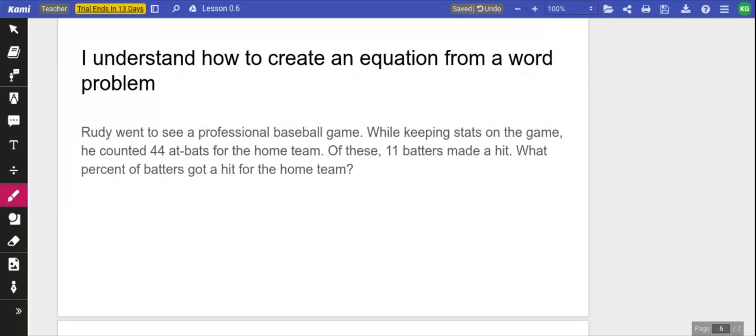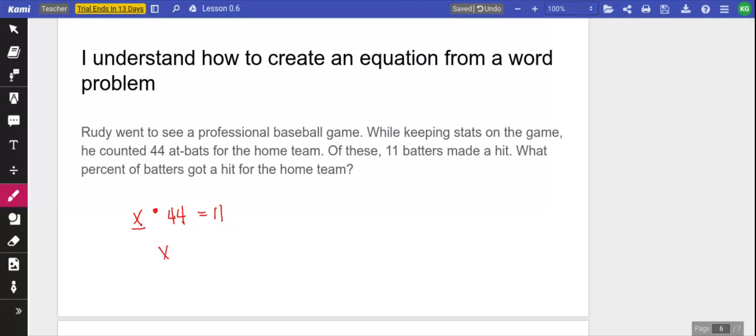Rudy went to see a professional baseball game. While keeping stats on the game, he counted 44 at-bats for the home team. Of these, 11 batters made a hit. What percent of batters got a hit for the home team? So I start with the question, what percent, so X underline, of, so times, batters, there was 44 at-bats, got a hit, so equals 11 of them got a hit.